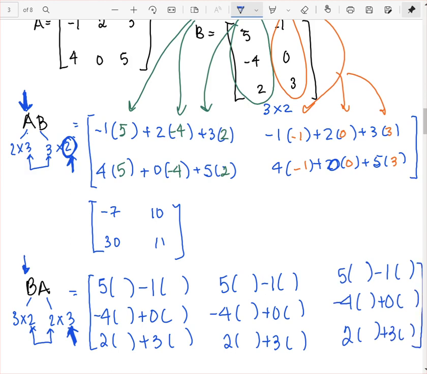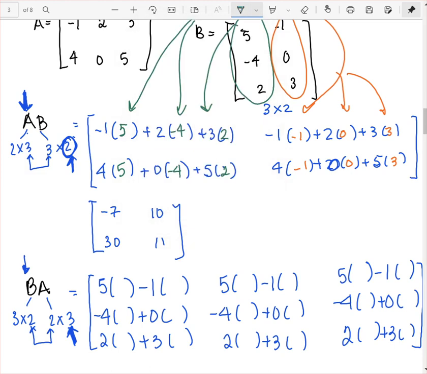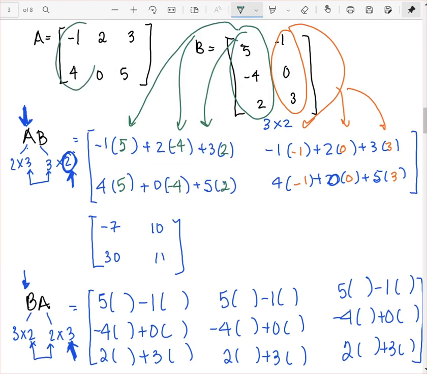Okay. And then I'm going to take A, which is the second matrix, and I'm going to get the column. So like this column is going to go here. -1, 4. And I just carry it down. And then this column is going to go on the second matrix, 2, 0.